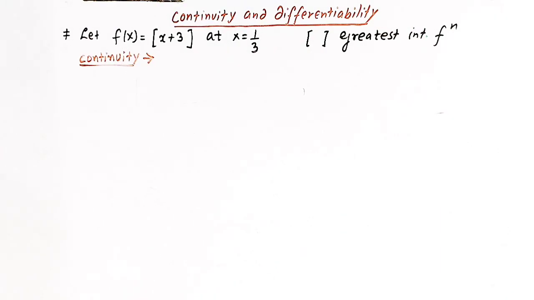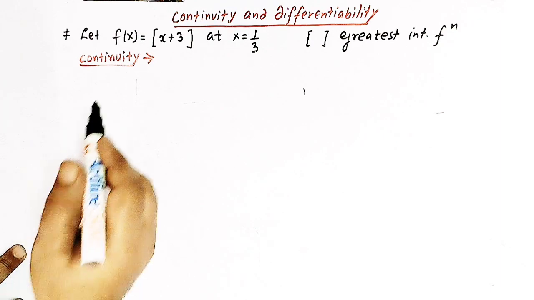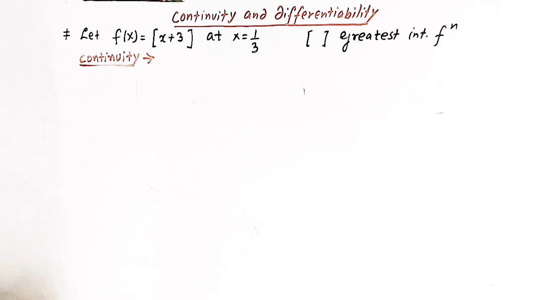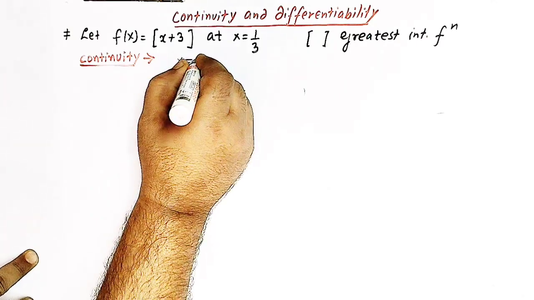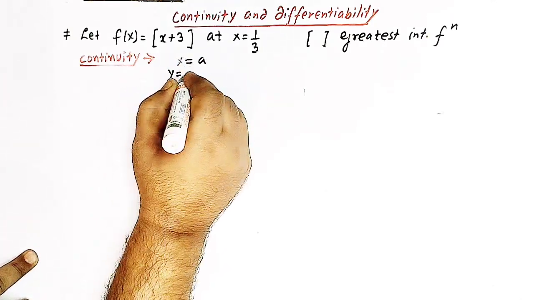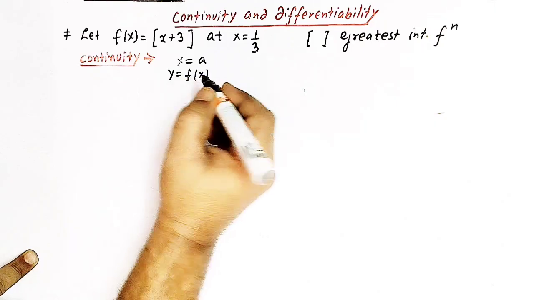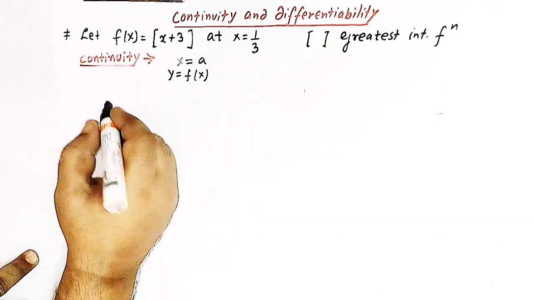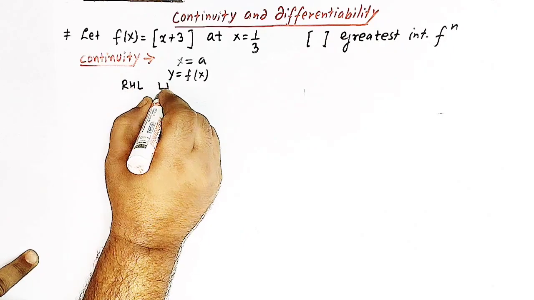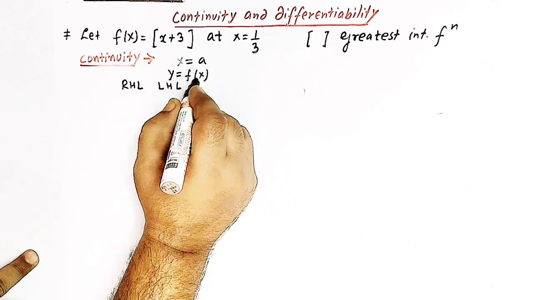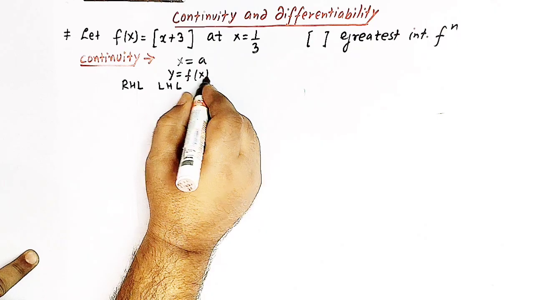Let us first see the continuity of this function. To prove the continuity of a function at a given point, say x is equal to a, if we are given a function y is equal to f of x, we find out the right hand limit, the left hand limit and the value of the function at the given point.